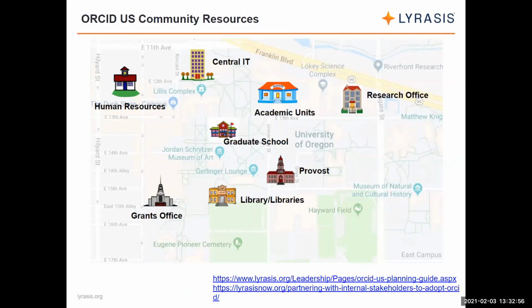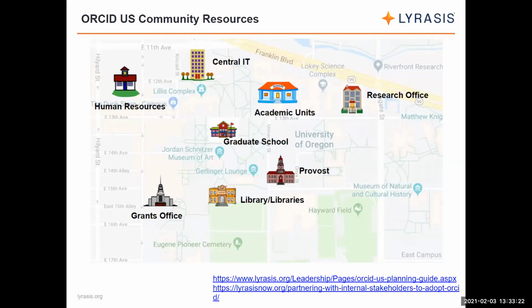But when it comes to adopting and benefiting from Orchid, the most strategic approaches rely on the libraries working together with multiple other stakeholder units on campus, such as the research office, sponsored programs, the provost office, HR, central IT, different academic units. And there's some resources about this in your handout as well.